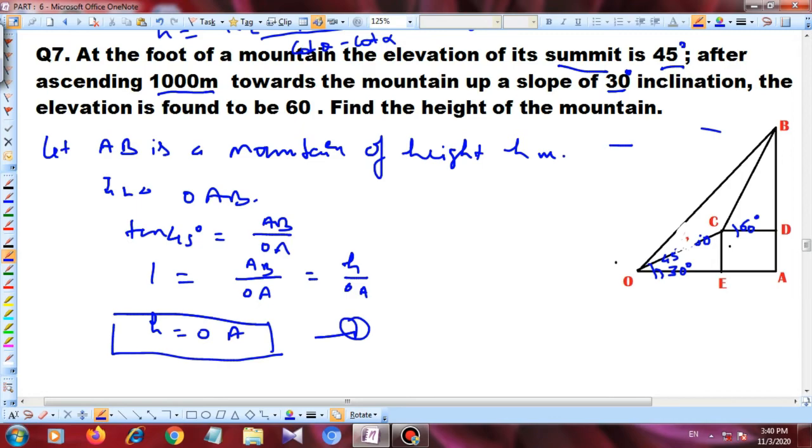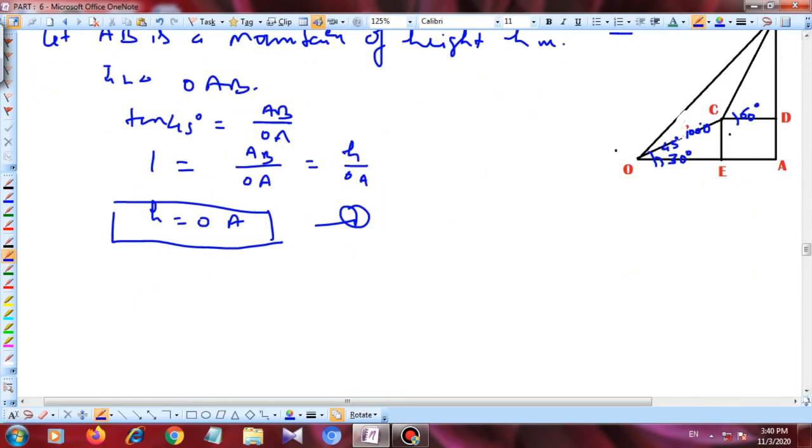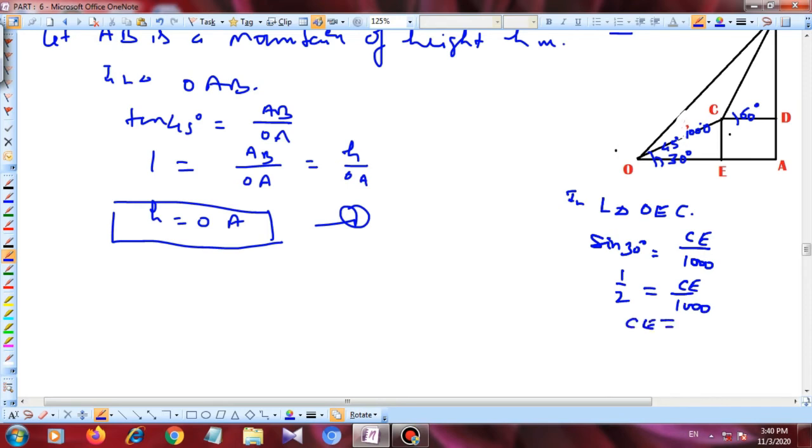Now in right angle triangle OEC, sin 30 equal to CE upon 1000. Hypotenuse is given 1000 meters. Sin 30 is half, so CE will be 500 meter, right?